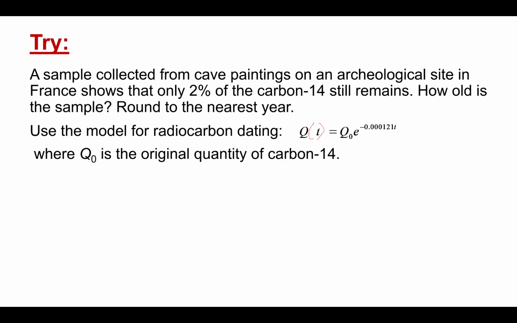So we don't know the quantity, but we do know that it was 100%, right? It was all of the carbon. And we know that after some amount of time, there was only 2% of it left.